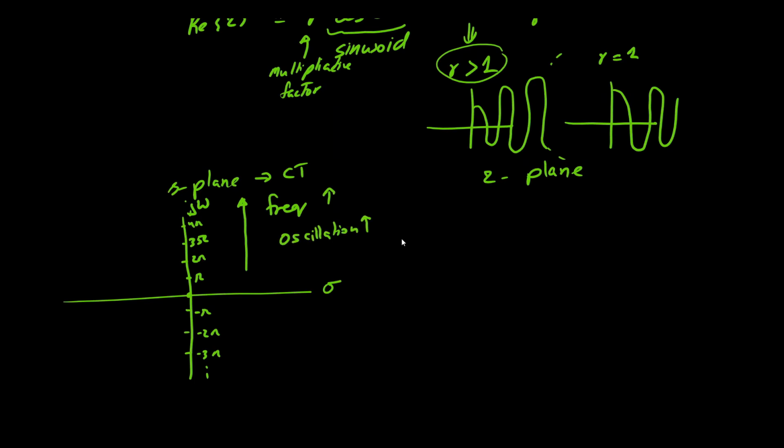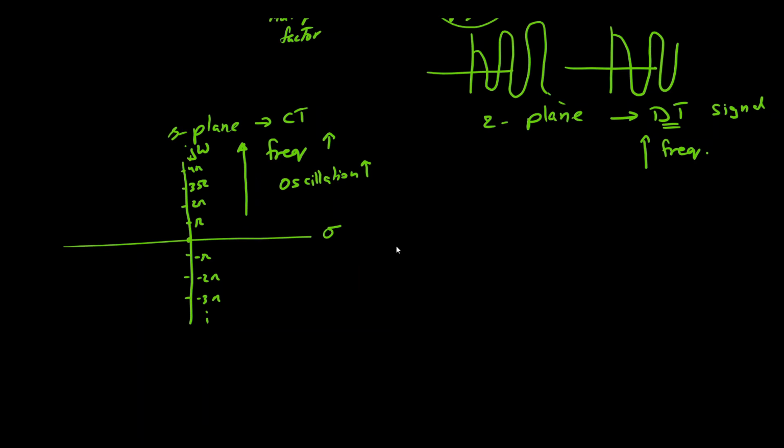But for the Z-plane or the Z-domain, which is for discrete time signals or systems, if we increase the frequency, the oscillations would only increase up to a point. And then they would fall back.